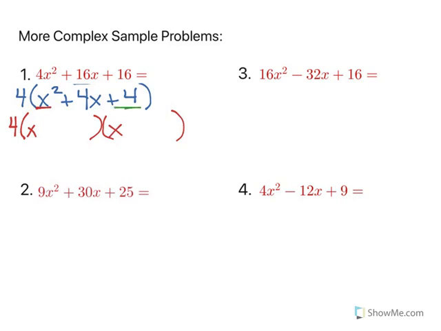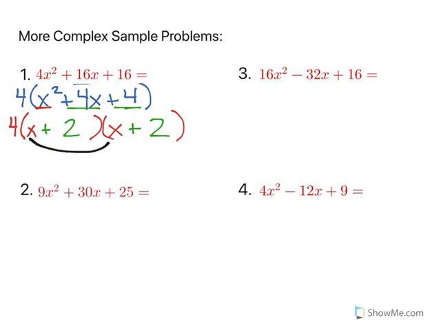We also know that 2 times 2 is 4, and we have a positive second term, so therefore when we add 2 plus 2, we're going to get that positive 4x. In order to verify our answer, we would need to factor and then distribute the 4. So we're going to go ahead and check our work.